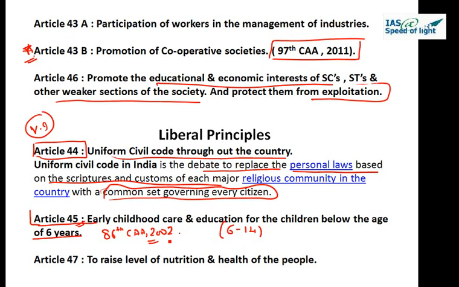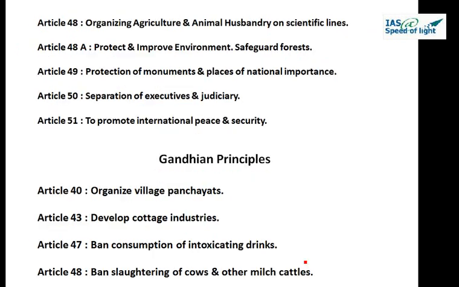Coming to Article 47, it gives us two pieces of information. First, to raise the level of nutrition and health of the people, and second, the prohibition of intoxicating drinks. The second part is actually a Gandhian principle, the banning of alcoholic drinks and all. Article 48 gives organizing agriculture and animal husbandry on scientific lines.